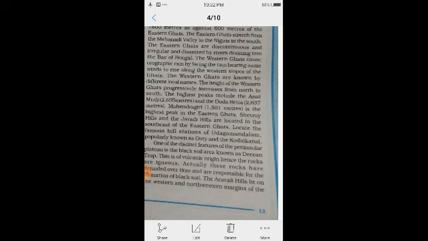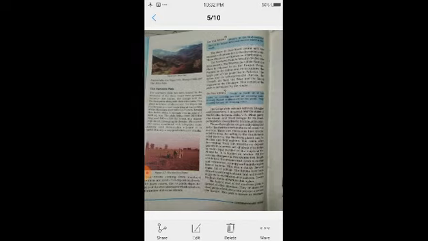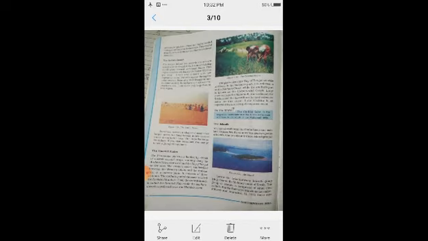And Aravali Hills lie on the western and northwestern margin of the peninsular plateau. So these are highly eroded, broken hills.